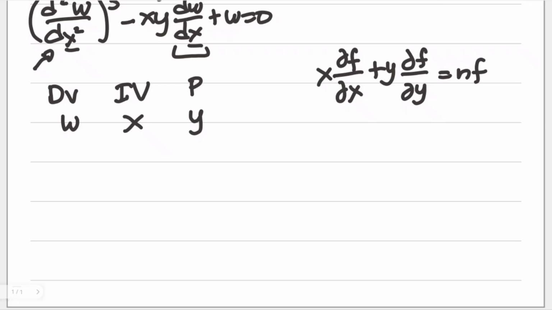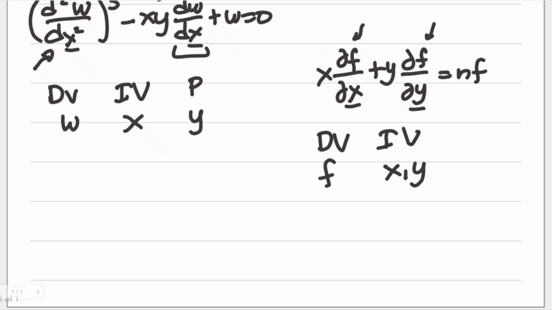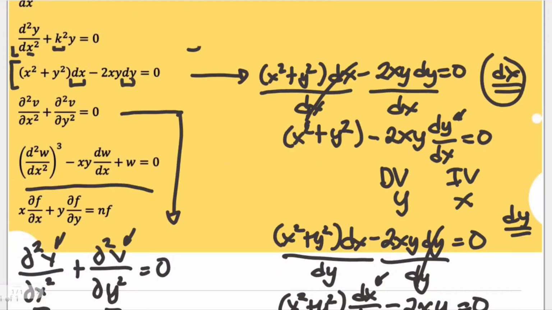Following the patterns earlier, the dependent variable here is f. The independent variables are x and y, because we have two of them. And since we still have one more variable here, we simply call it the parameter n. So this is how we determine the variables of our differential equations.